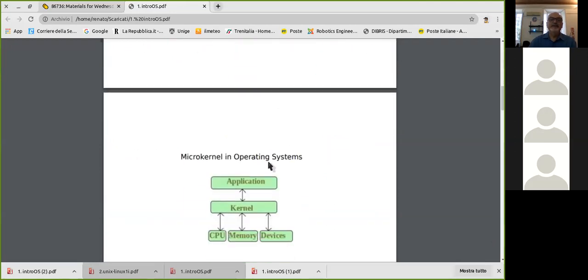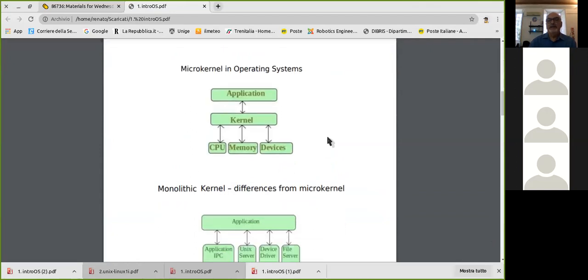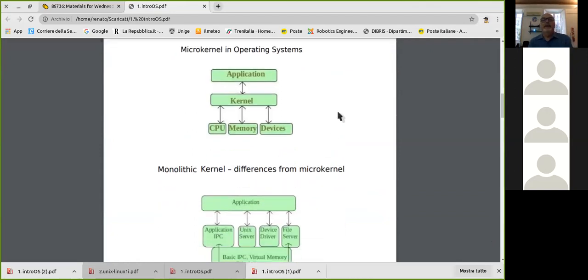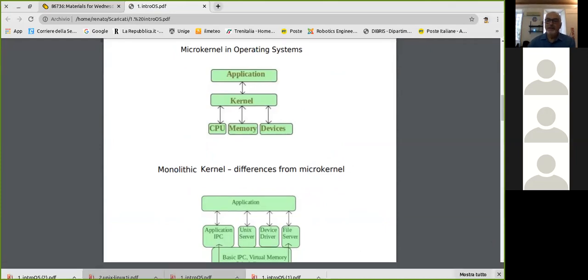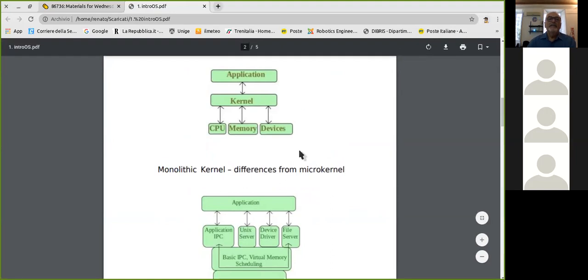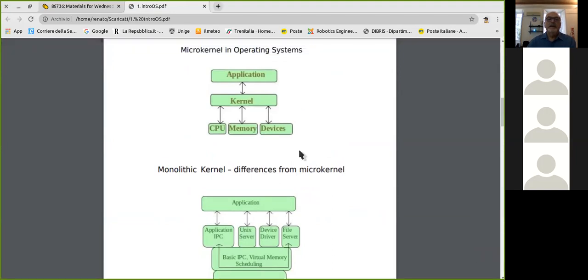There is an operating system, and just a terminology, the kernel. Well, I assume that you know what a kernel is. A kernel is the operating system itself, always resident in memory.